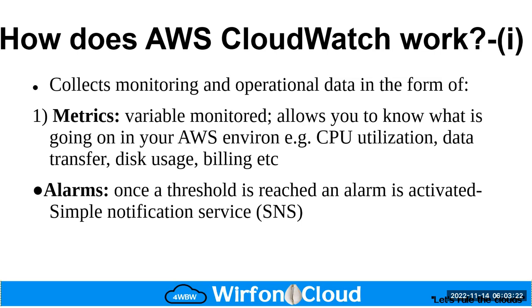Again, for example, if you set a threshold that my EC2 CPU utilization should be at a maximum of 80%, and if it reaches 80%, an alarm will be sent to you for you to know that, okay, your EC2 is being used at 80%. And then it can also act.